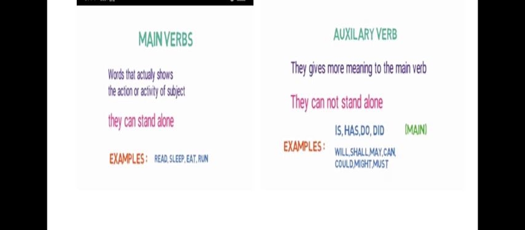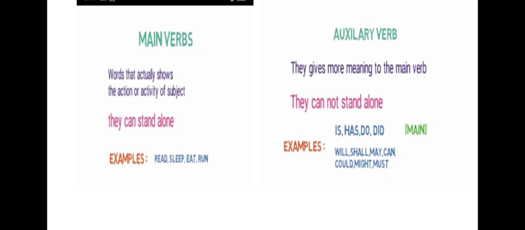They cannot stand alone. They cannot stand on their own. They need the help of the main verb, but they help the main verb. How do they help the main verb? By telling the time of the action.